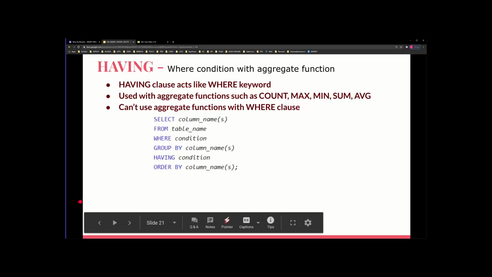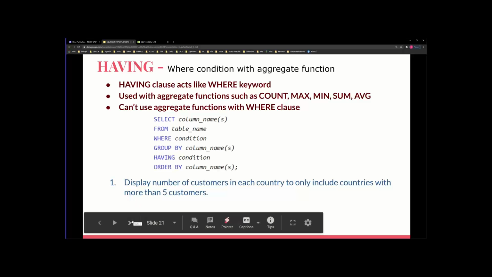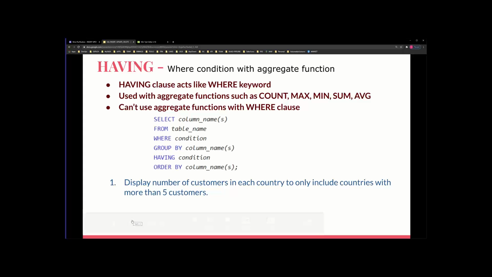Let's take a look at a real world example and we're done after this. Display the number of customers in each country, only including countries with more than 5 customers. Okay, so we're going to take this piece by piece. This is complex, okay, guys? It really requires a lot of playing around to come up with the answer.